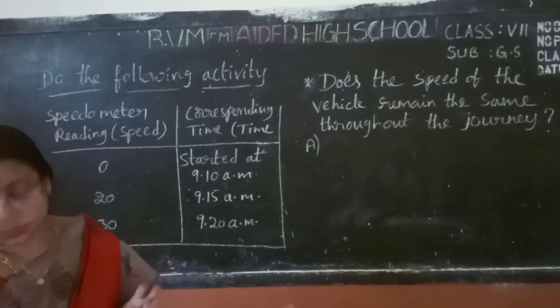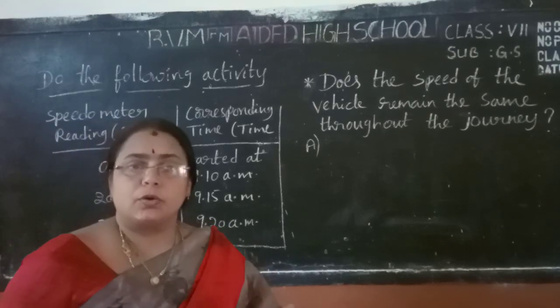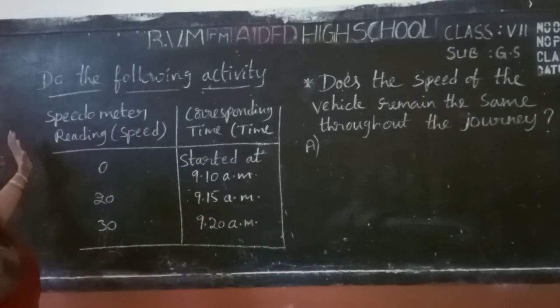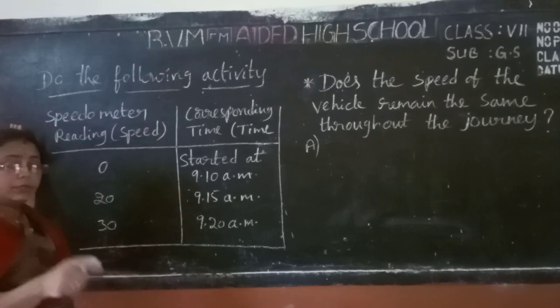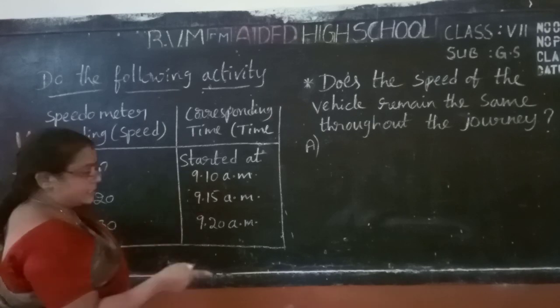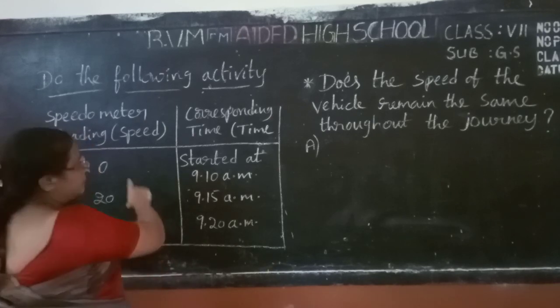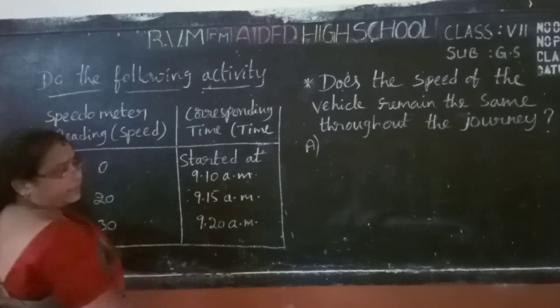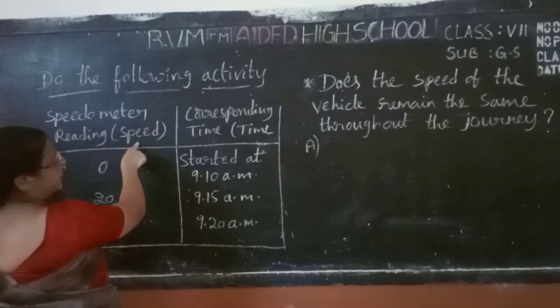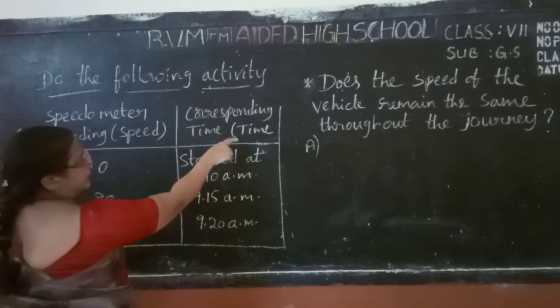Note the exact time when you started from your home. Suppose I give you some examples here. Note the exact timings and the changes in the speedometer, given here like this. For example, the speedometer reading is the speed, with the corresponding time.